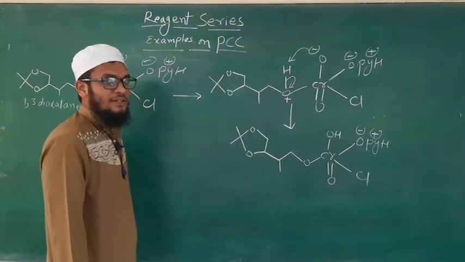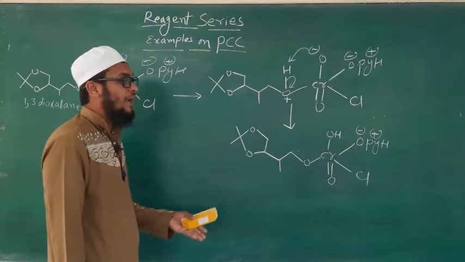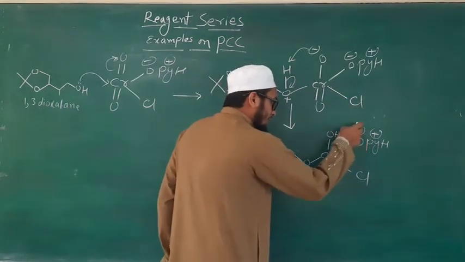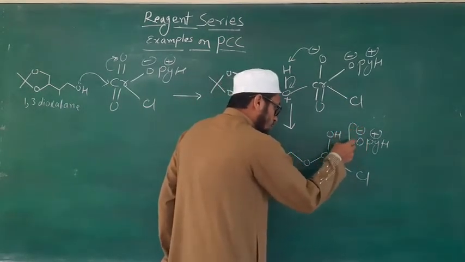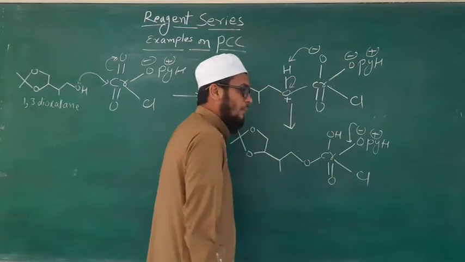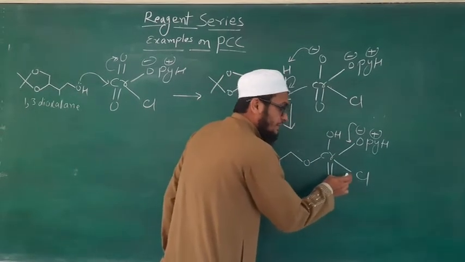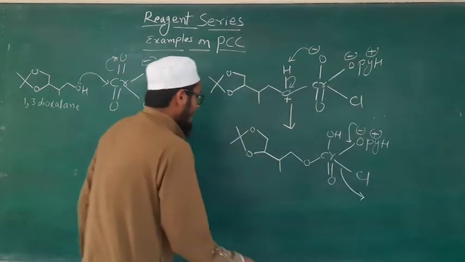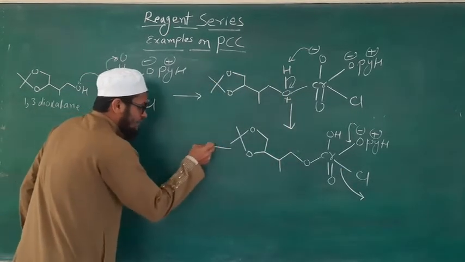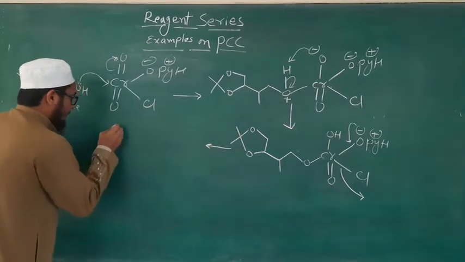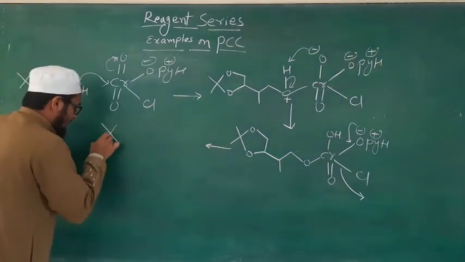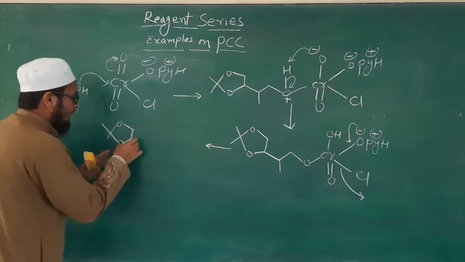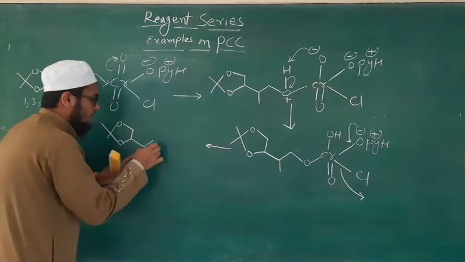Now what will happen, my dear brothers and sisters? In the next step we have to make a chromate ester. So this O negative will turn its electron towards chromium to make a chromium-oxygen double bond, and this chlorine will leave as the best leaving group. The structure of the compound will be O, this is 1,3-dioxolane, these are our methyl groups.